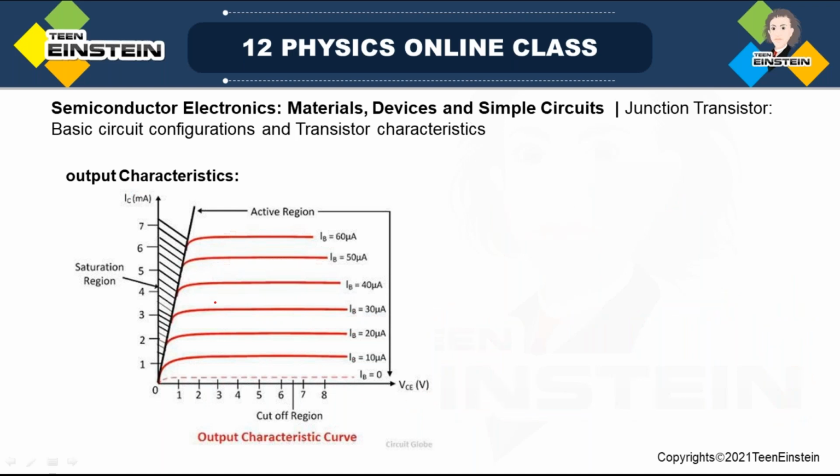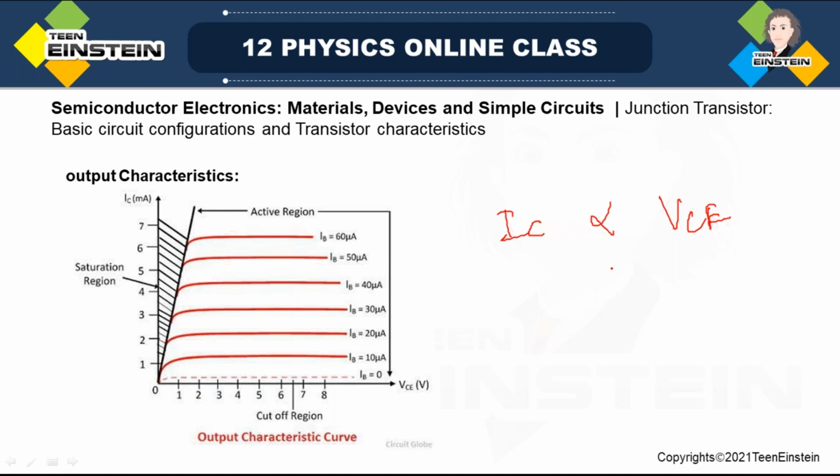So this shaded region is called the saturation region. This indicates that the current IC varies only proportionally to VCE. There is no effect of the other voltage, VCB.